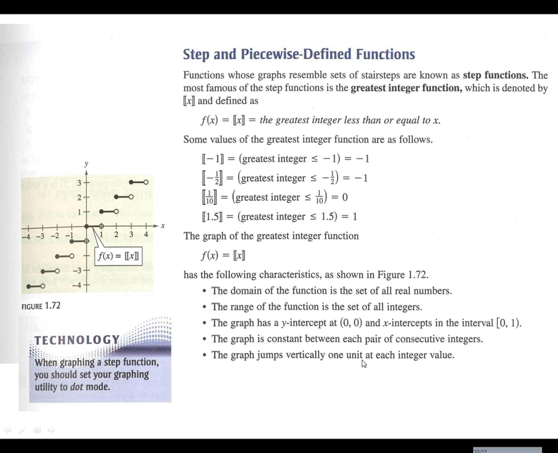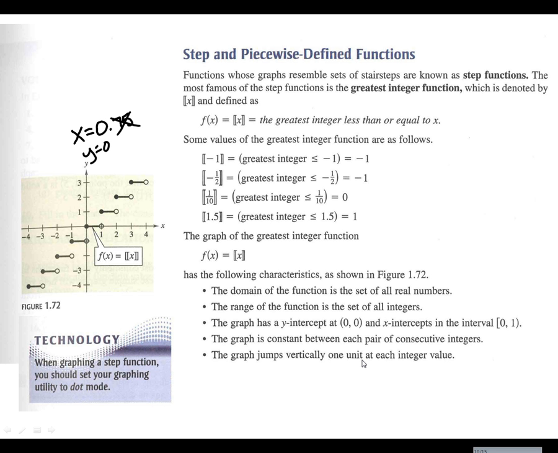Alright, something that might be new for you, step functions. What this graph is saying is, whatever the x is, and we're talking about decimals on this one, if the x is 0.75, something like that, then we're just going to truncate it, cut it off, and say that y equals 0.